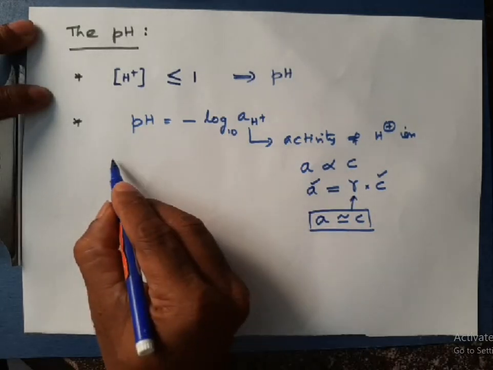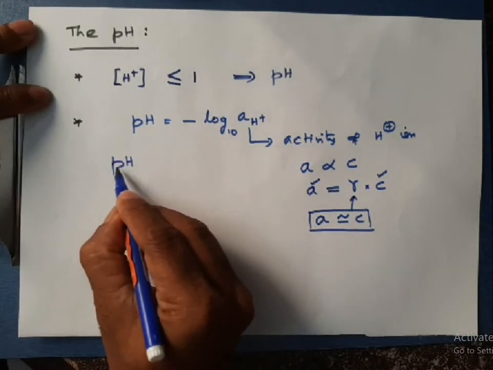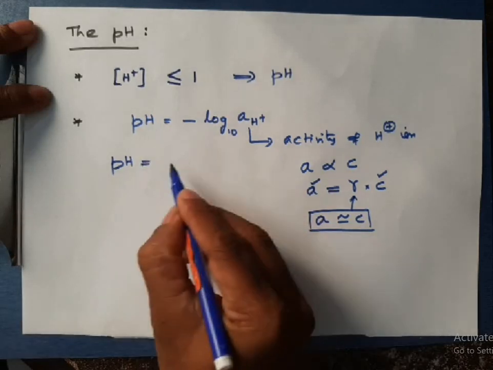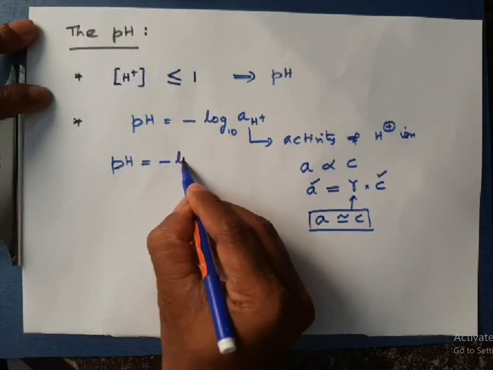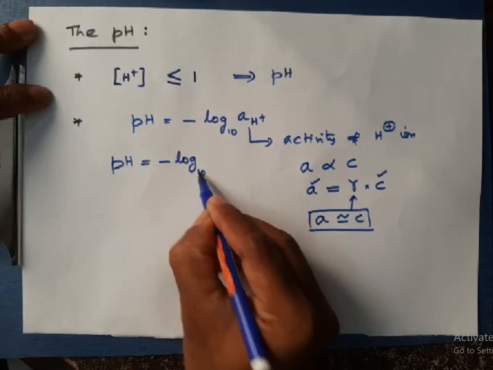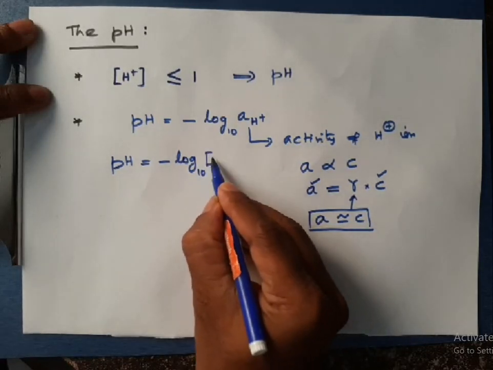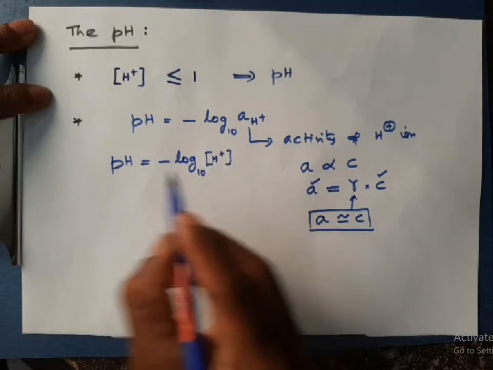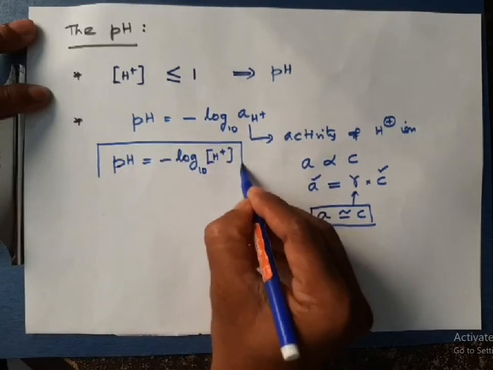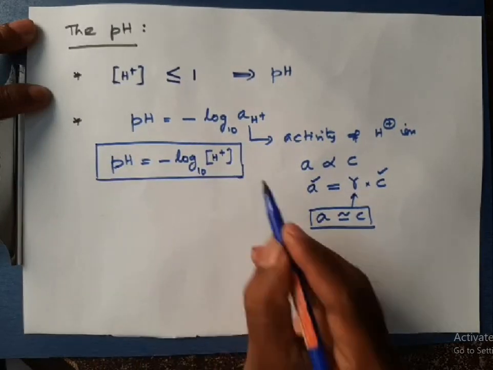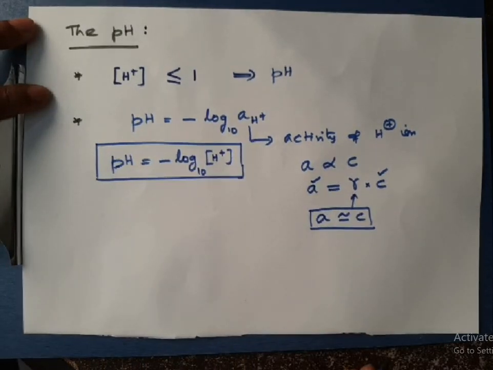Therefore, this pH relation can be written as negative logarithm of base 10 of the molar concentration of H plus ion. This is the relation we use to calculate the pH of a solution.